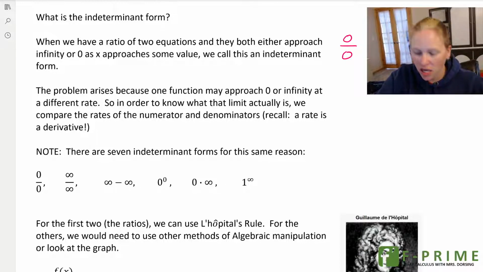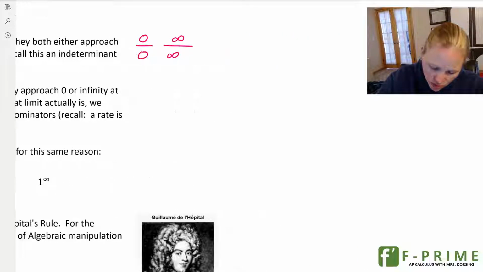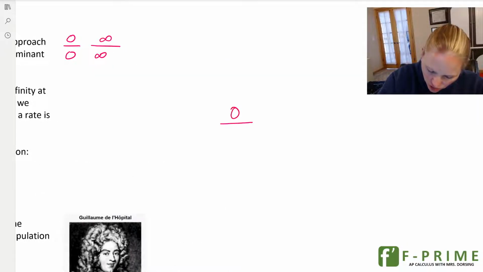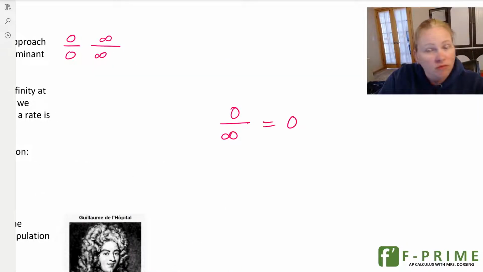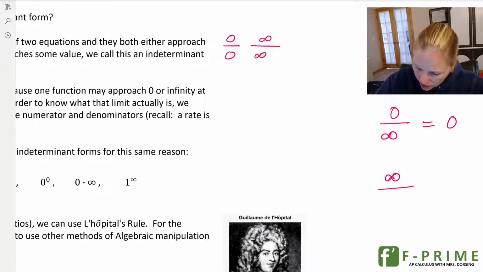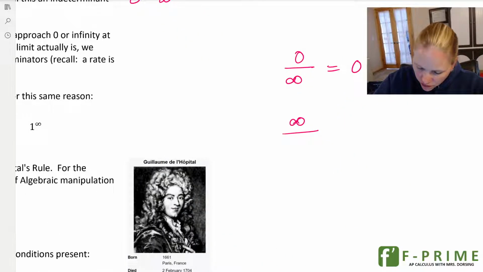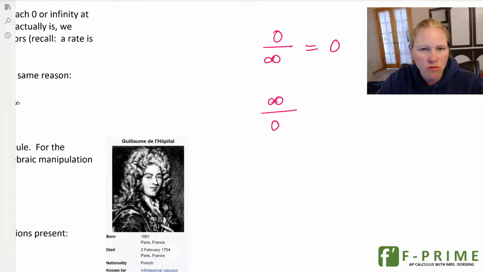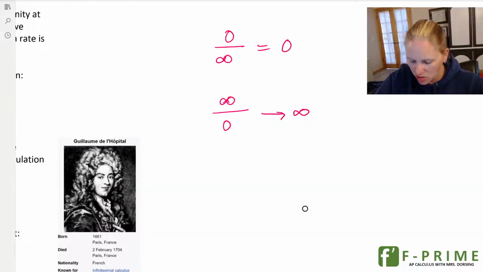Now, a little side note: when you end up with something like 0 over infinity, that's okay. It's equal to 0. Or if you have infinity divided by 0, so to speak, then we would say that this limit is approaching infinity. And remember, limits are not about actually finding concrete values. Limits are about concepts.